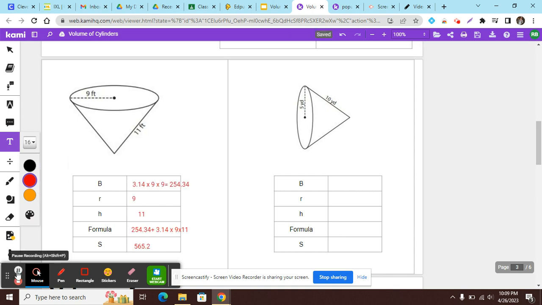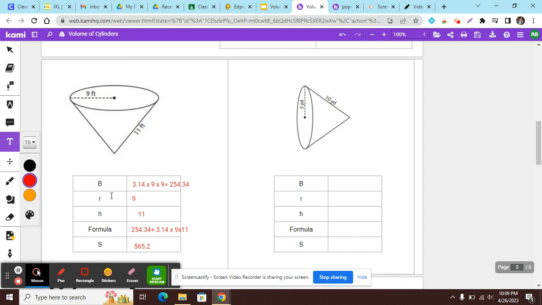Your surface area for this figure should have been 565.2. The way you get that is you start off by finding the area of your base. We take 3.14 times our radius squared, and I just did times 9 so that you wouldn't have to see the squared there, and you get 254.34. Then we find our radius. Our radius is 9, so we don't have to do any calculations.